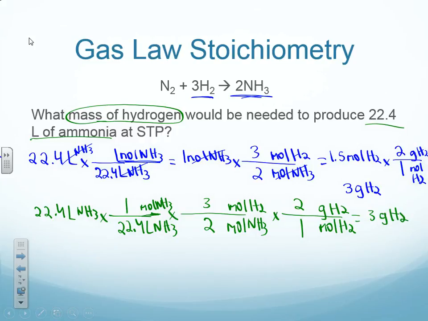Okay, so all of the problems that we've done so far with this, as far as stoichiometry is concerned, occurred at STP. So the question is, what happens if it's not at STP?